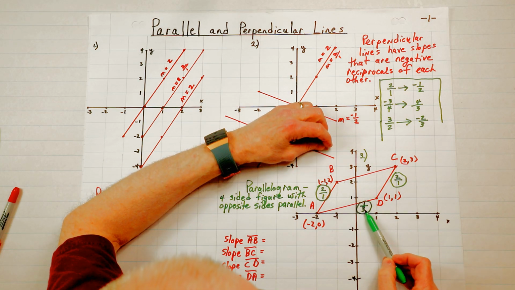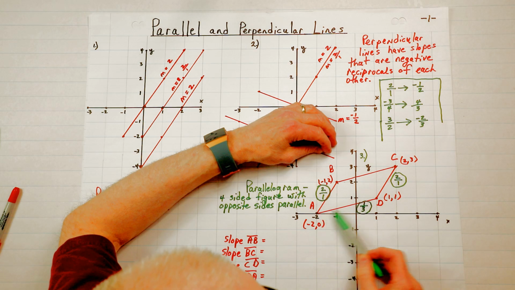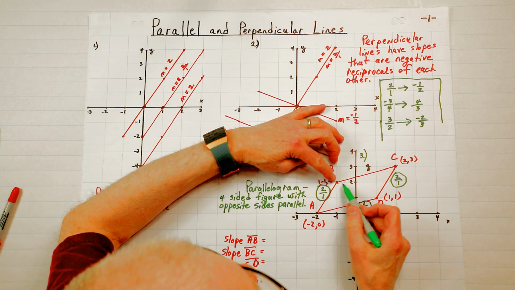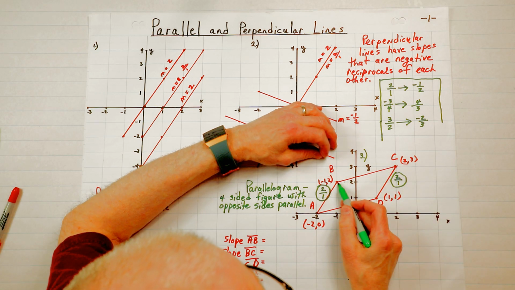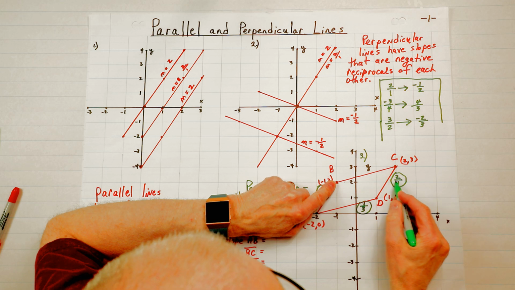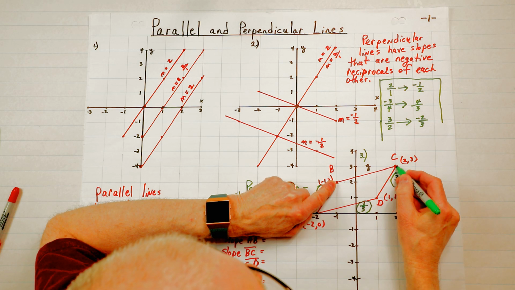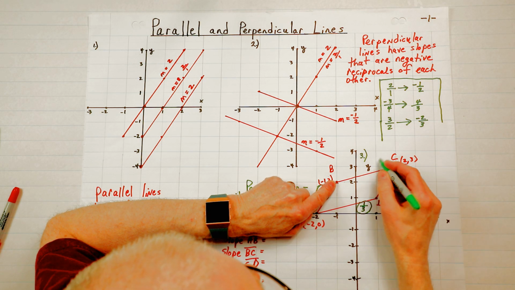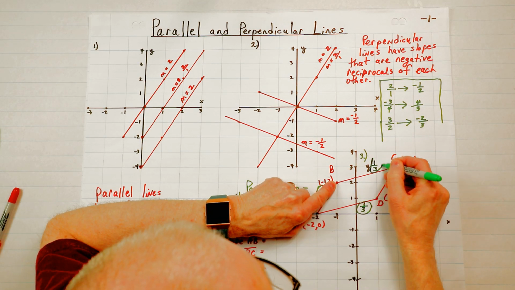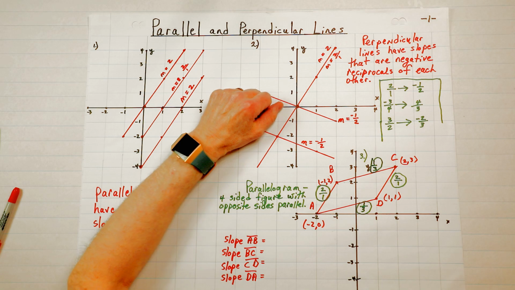And the side opposite AD is BC, so we'll do this one up here. What is the slope of BC? Okay, start right here at B. 1, 2, 3 to the right, and 1 up. That's rise over run, 1 over 3.